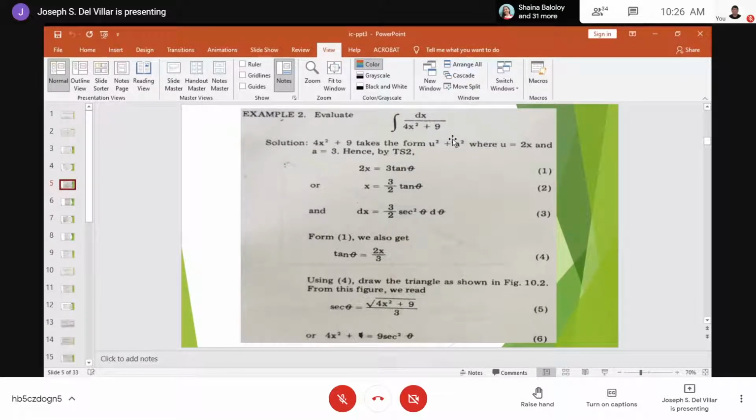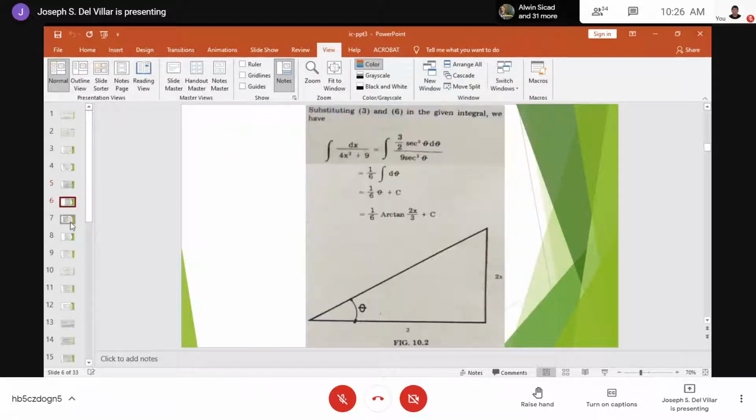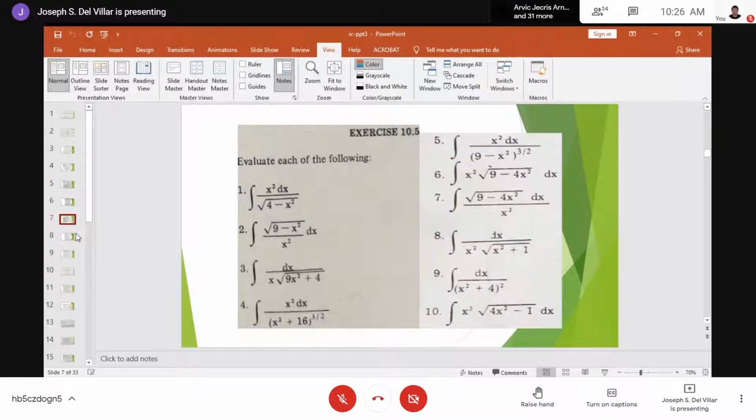Only that, i-express nyo muna lahat in terms of squares, no? So this transforms into dx all over (2x) squared plus 3 squared. Yun yung transformation na to, so that you can apply directly the formula. (2x) squared plus 3 squared, di ba?